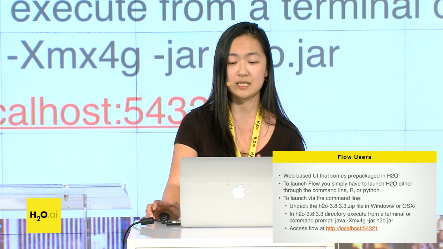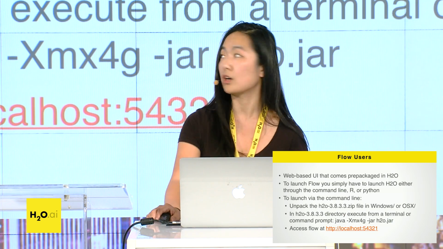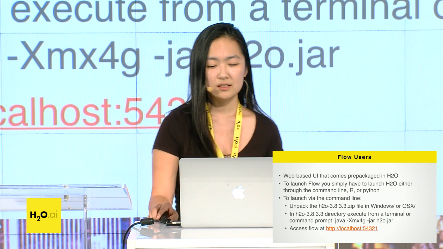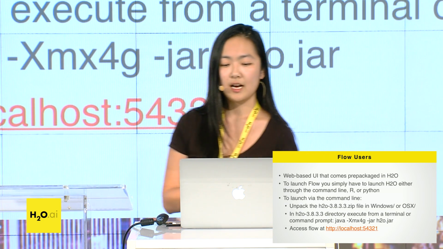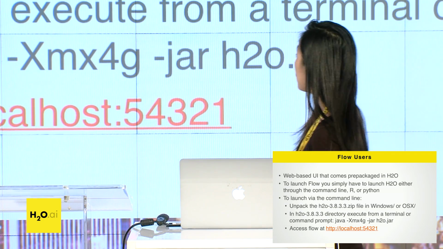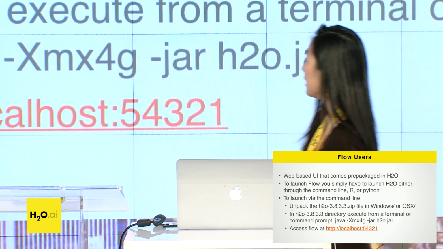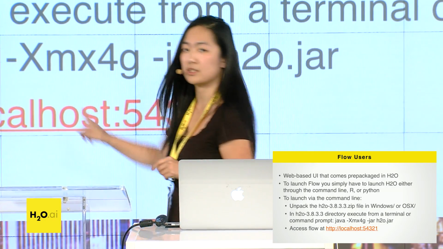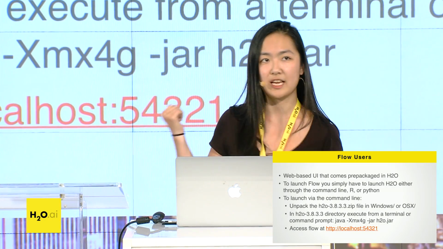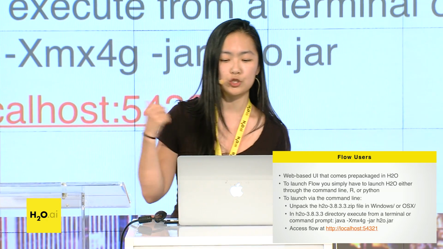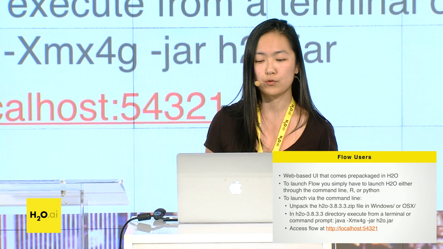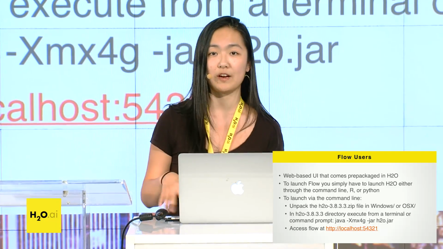All you have to do is unzip it and, from the command line, run java -jar h2o.jar, which will launch the JVM. You can even specify how much memory you want using -Xmx4g. That will launch a 4 GB H2O instance, and the moment you do this, you should be able to access Flow through a web browser at localhost:54321.